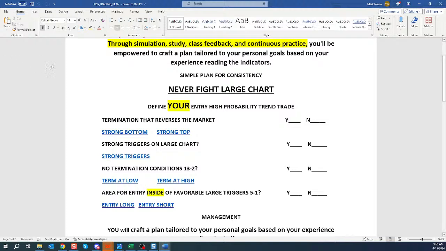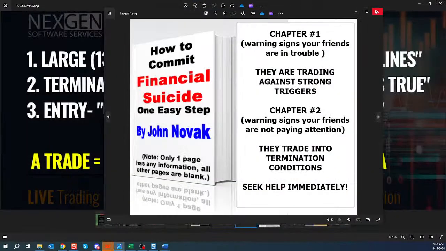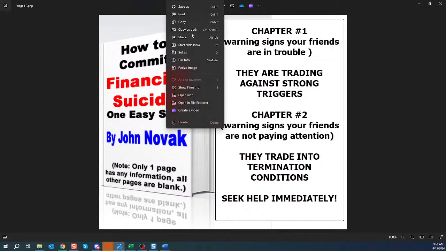So your simple plan for consistency starts with never fighting the large chart, guys. Don't fight momentum on the large chart. Don't fight termination conditions on the large chart. It really is the simple recipe to commit financial suicide in one easy step: trading against strong triggers, trading into termination conditions.